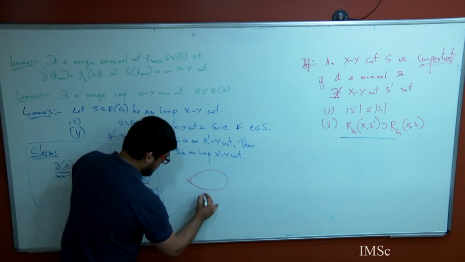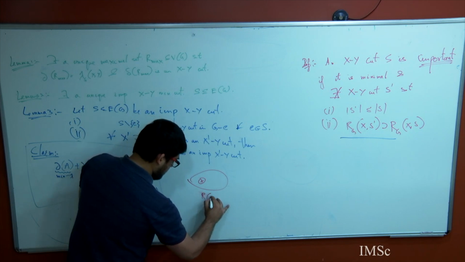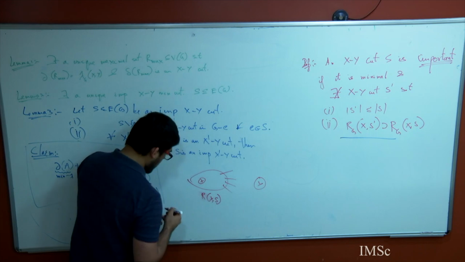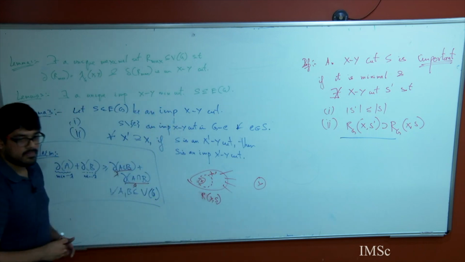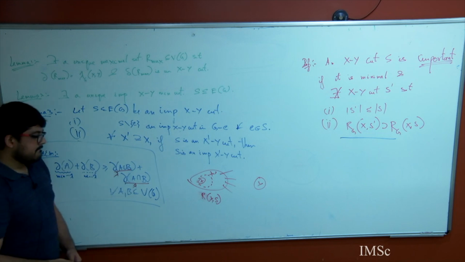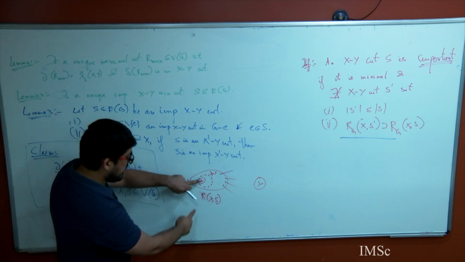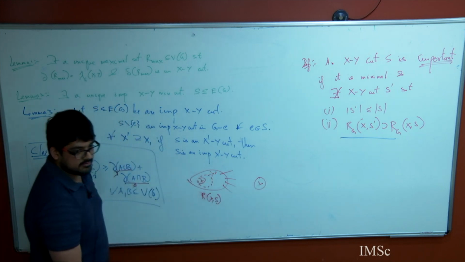Here is X, this is my S, Y, and let's say this is X prime. So not only is S an important XY cut, it's also an important X prime Y cut.